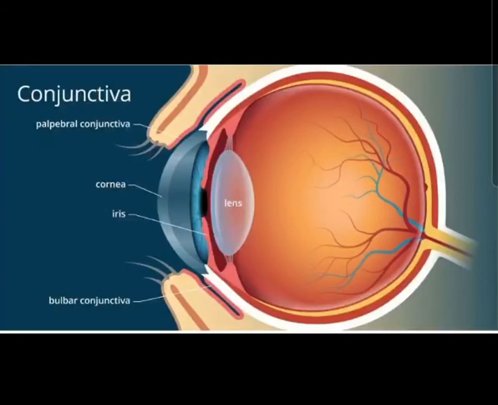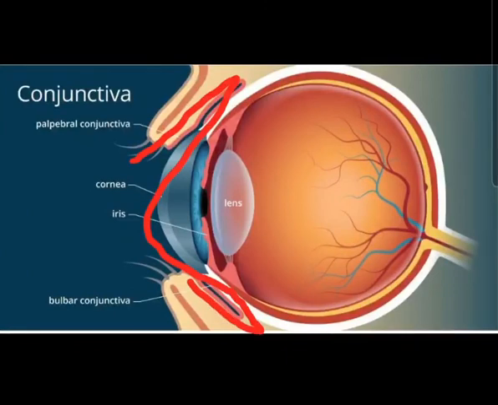Next is conjunctiva. Conjunctiva is a thin membrane covering made up of a single layer of transparent epithelial cells which covers the front portion of the eye. It starts from the inner side of the upper eyelid, then it covers the front part of the eye, that is the cornea, and then it goes down to the lower eyelid.